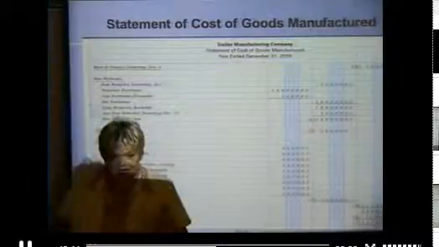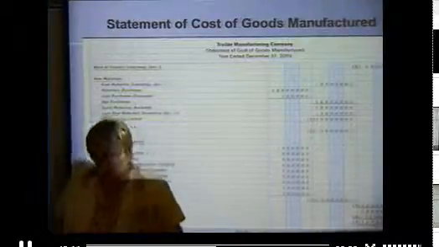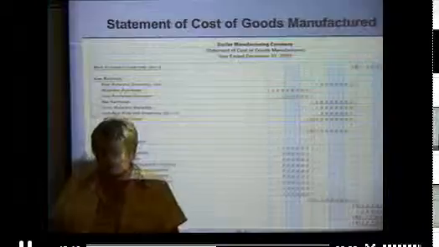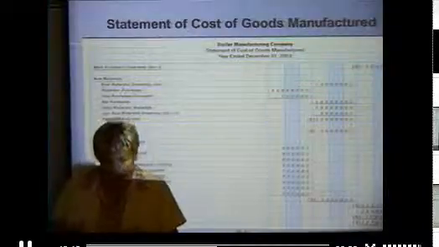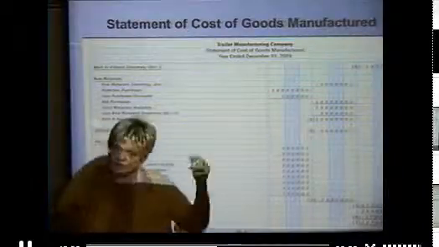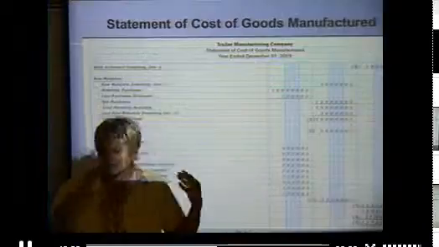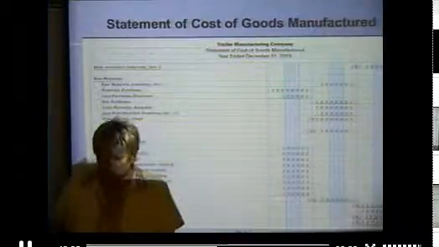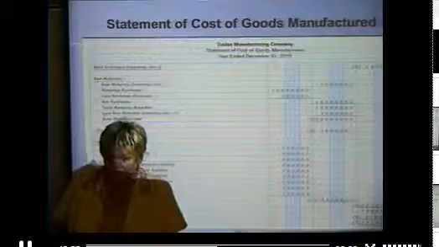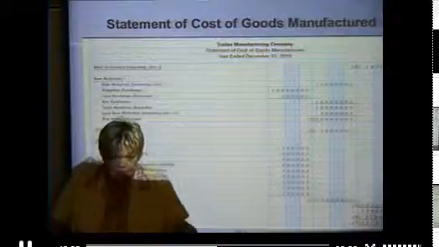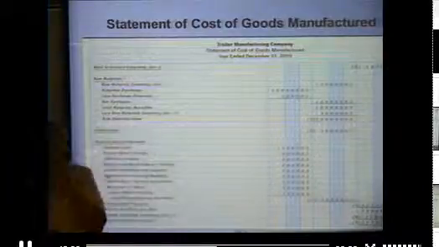Then we take out our ending raw materials inventory, find out the actual amount of raw materials that we used. So we get our beginning inventory plus the purchases, take out what's left after a count, to determine how much we actually used, just like on the other inventory.